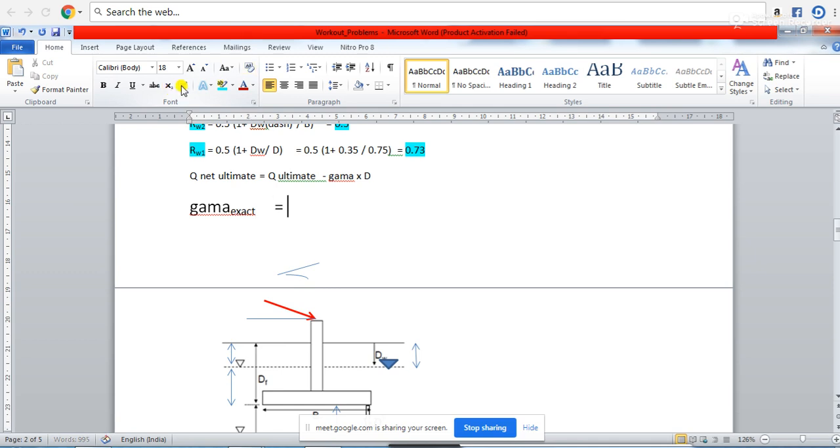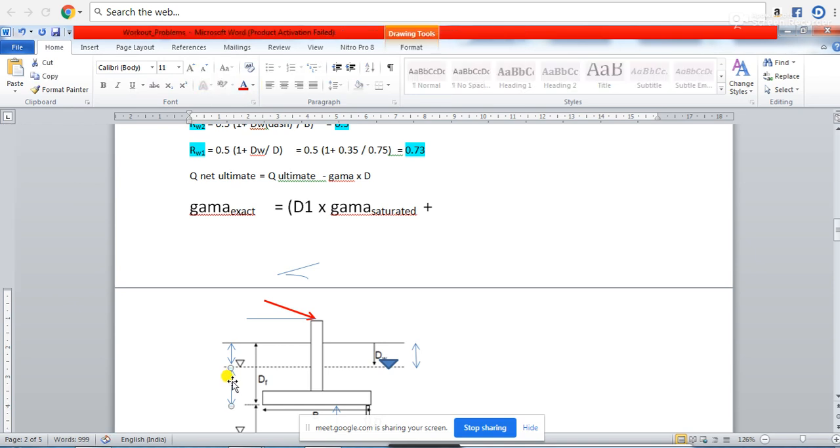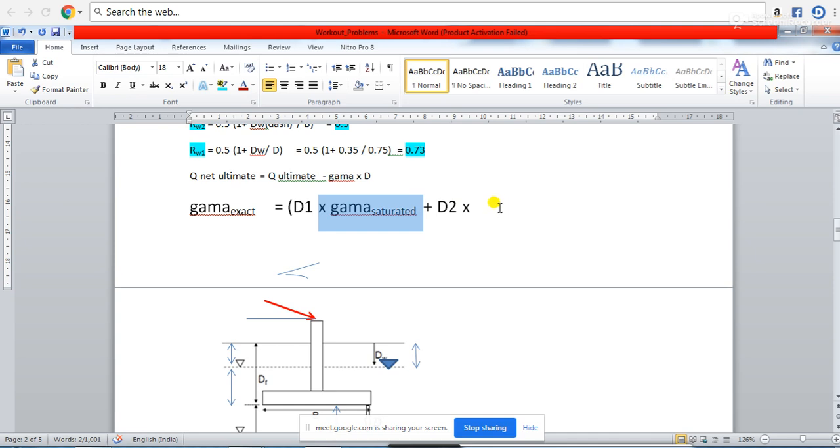So you can calculate gamma exact this way: you just take a weighted average. Let's say d1 is the depth, and for d1 depth the soil unit weight is gamma saturated. For the next depth, d2, the unit weight is gamma submerged.